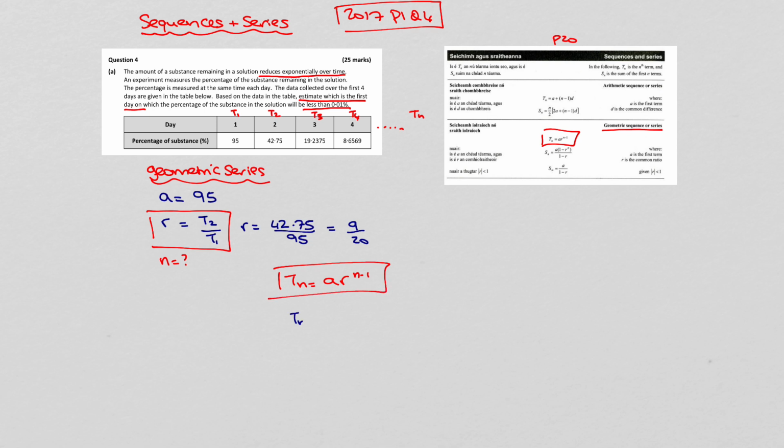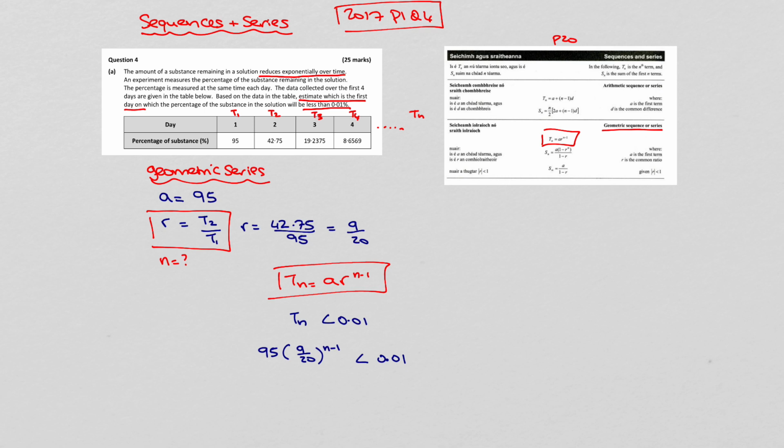So what we want to know is when will the term be less than 0.01. We need to work out T of n. Well, it's a, which is 95, times r, which is 9 over 20, to the power of n minus 1, and we need to say less than 0.01. To work out what n is, we can see n is a power.